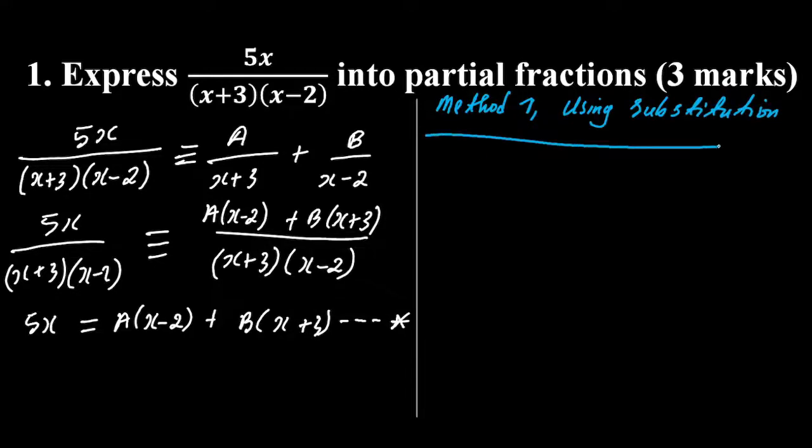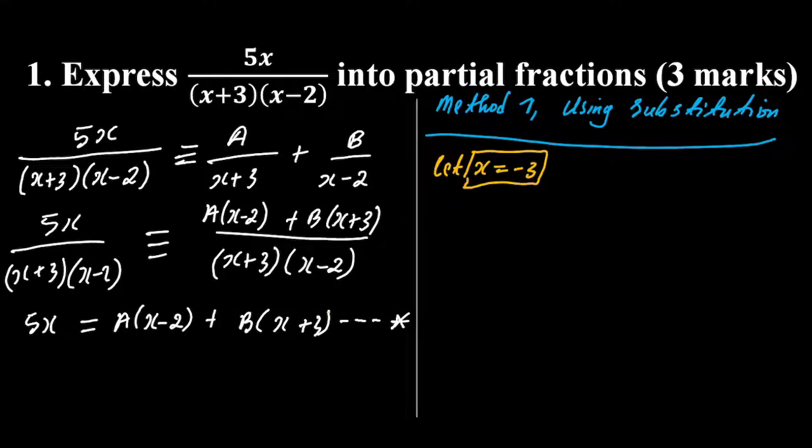So using substitution, here we need to let our value of x to be another value, such that when we put in our original equation star, it should cancel one of our variables, either a or b. Looking at this equation star carefully, if we let our x to be, let me say, minus 3, this is the first substitution.